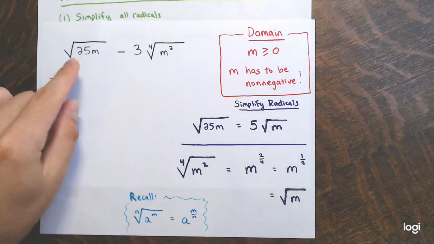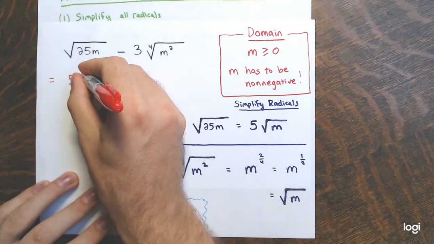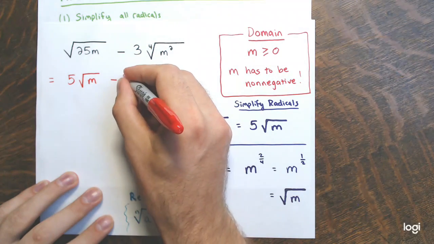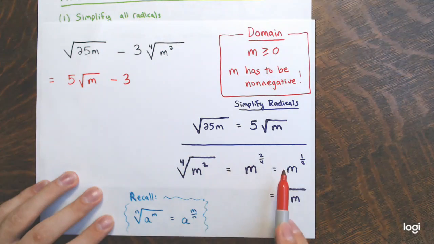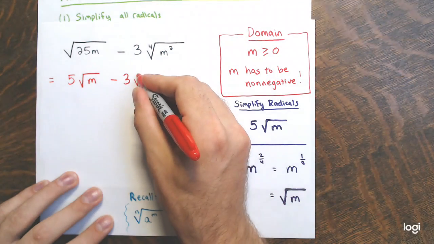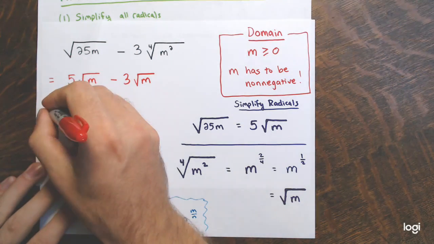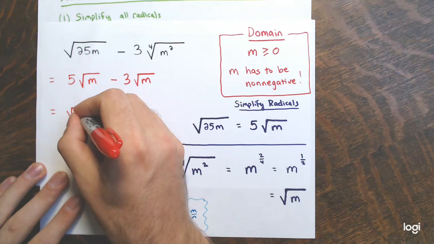All right, so back to this. The square root of 25m, that's 5 times the square root of m, minus 3 times the fourth root of m squared, which we saw is the square root of m. And look, these are like. They both have the square root of m in common. I factor that out.